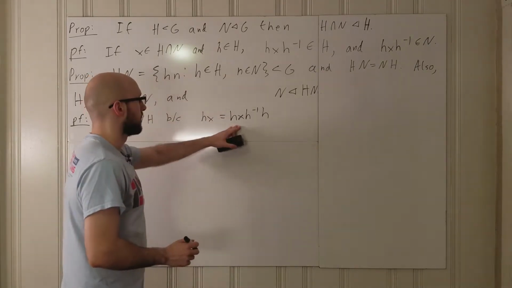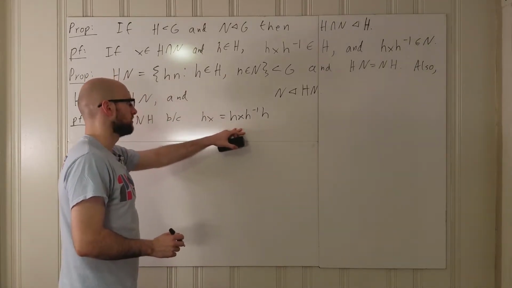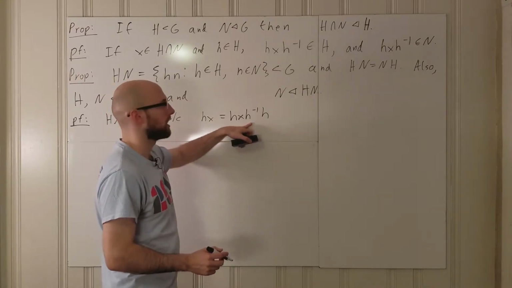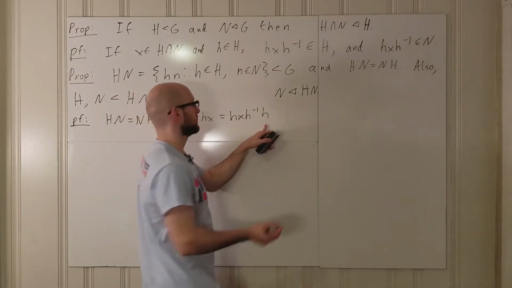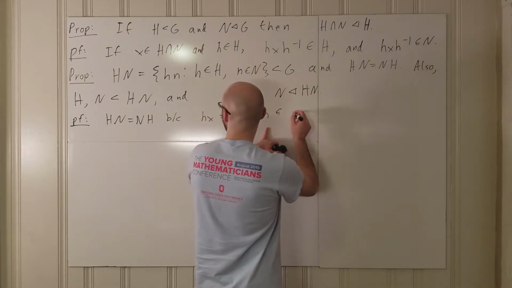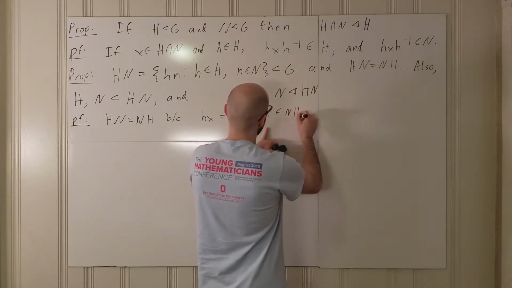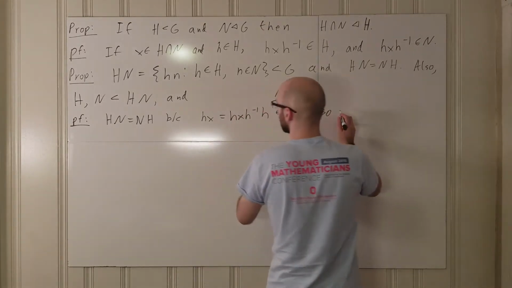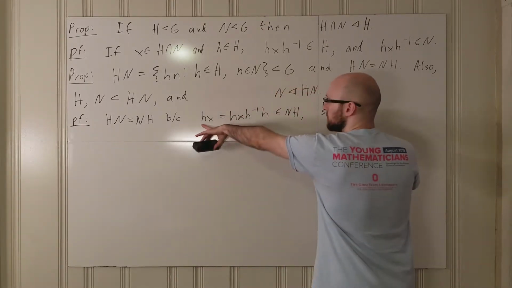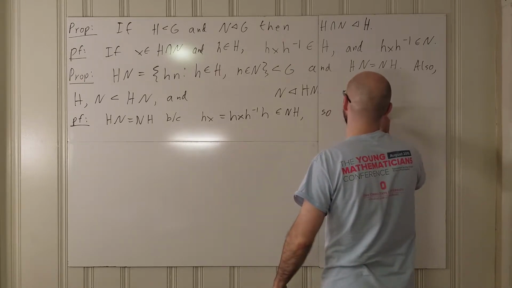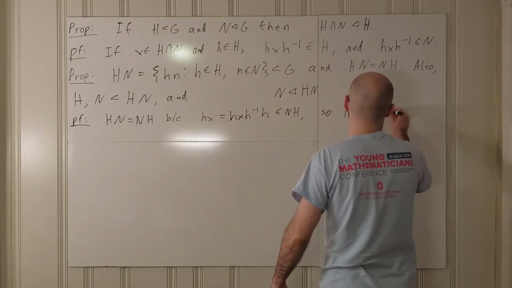So anyways, what we have here is h x h inverse. This is an element of N, and h is obviously an element of H. This is in NH. So remember, this is any element of HN, and so HN is contained in NH.